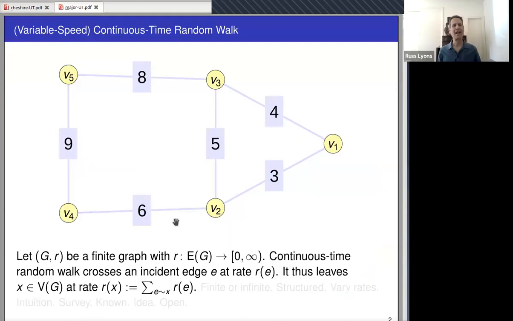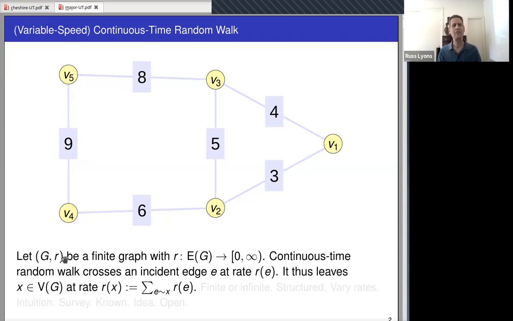So I'm going to be talking about continuous time random walk. There are two basic types, constant speed and variable speed. Constant speed leaves every vertex at the same rate. Variable speed leaves at variable rate. How is it specified? So here I have a little graph with 5 vertices, V1 through V5.